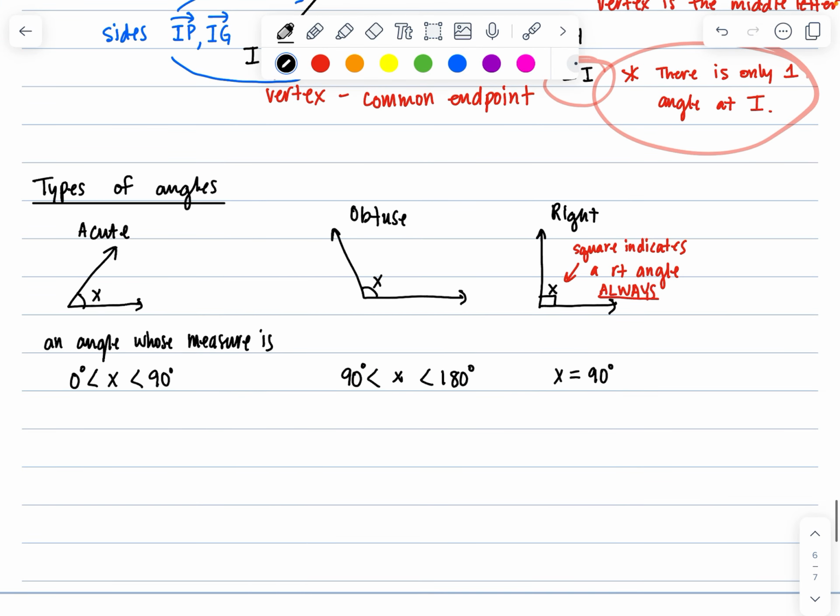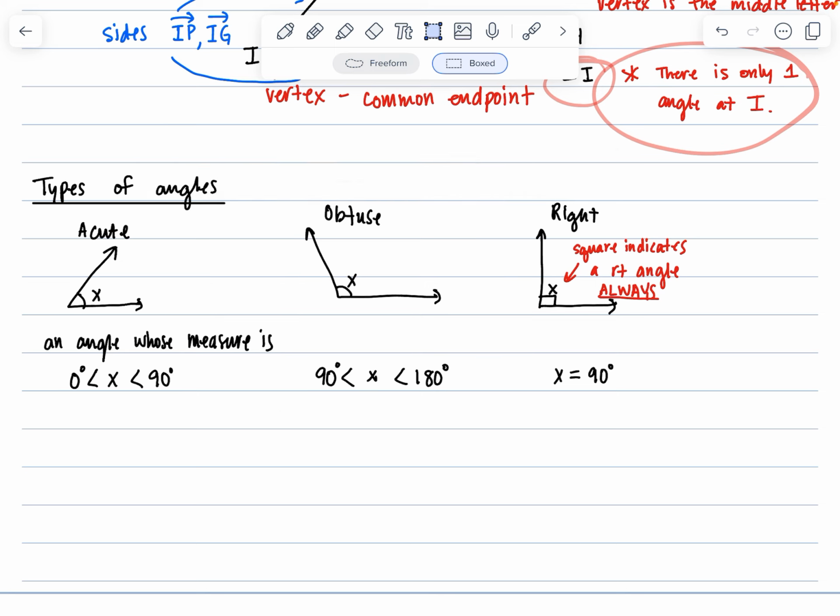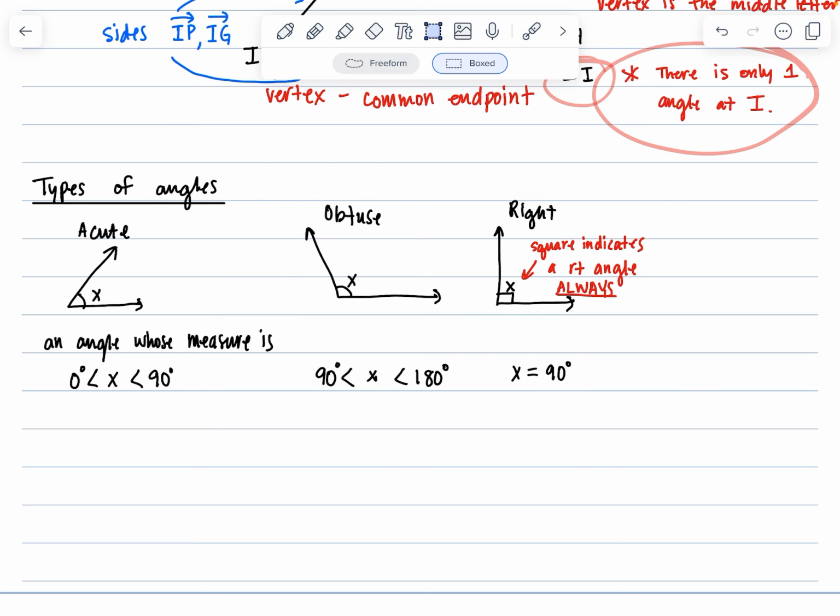And the last one, and I should have left a little bit more room. I said we would use 4. I'm going to have to shift this around just a little bit. Last angle is what we call a straight angle. Call this X. An angle whose measure is exactly 180 degrees.